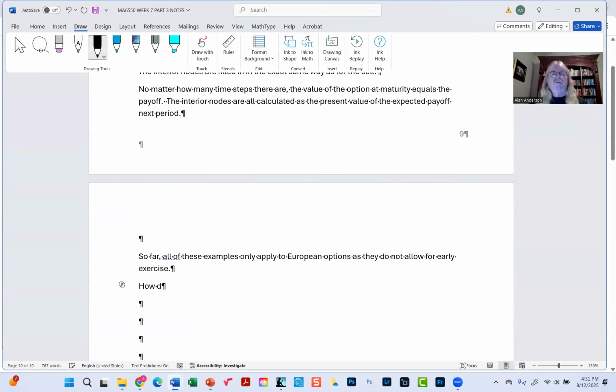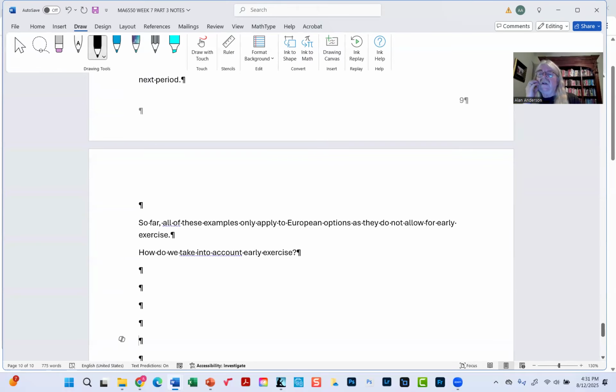How do we take into account early exercise? That's a very good question.